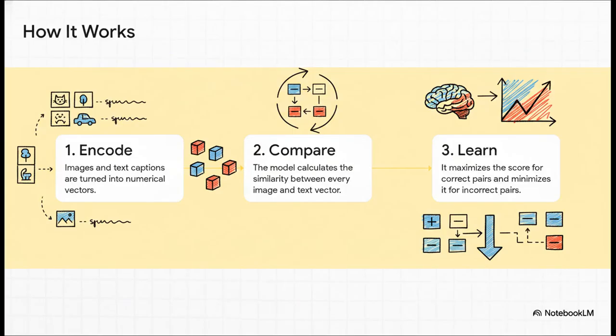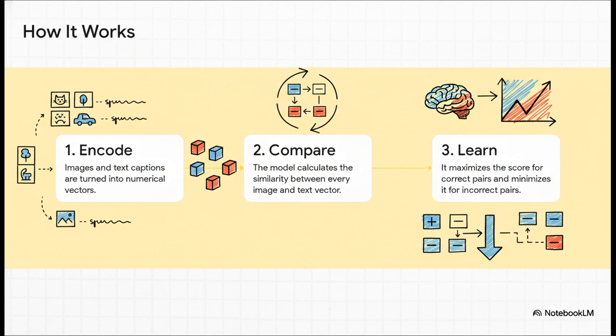It basically works in 3 steps. First, you take a bunch of images and their captions and you turn them into lists of numbers, or vectors. Think of it like creating a unique numerical fingerprint for every image and every bit of text. Then, step 2, you compare every single image fingerprint to every single text fingerprint. And finally, the most important part. The model learns to do one thing.